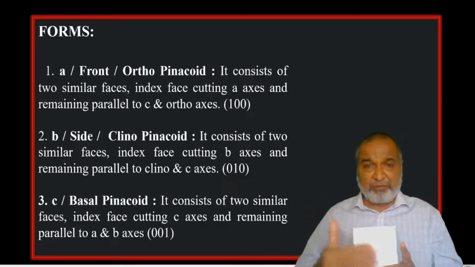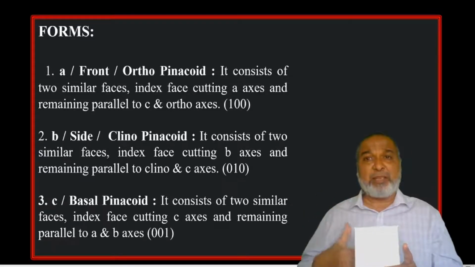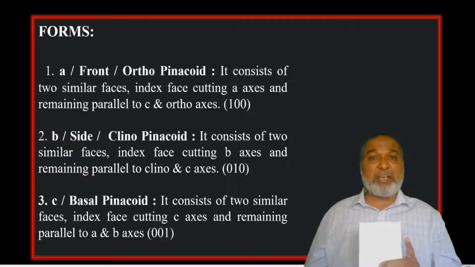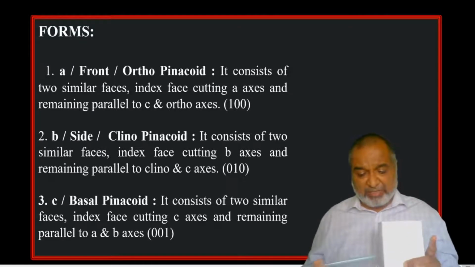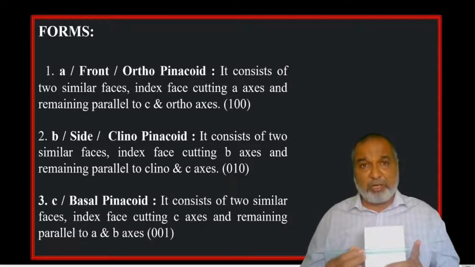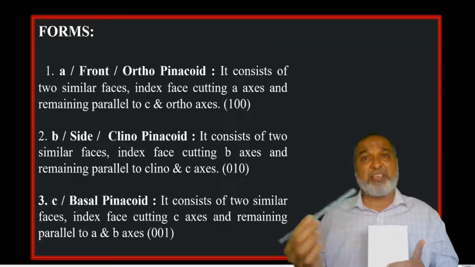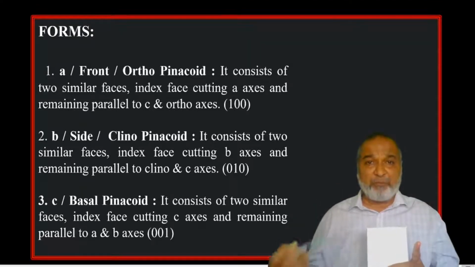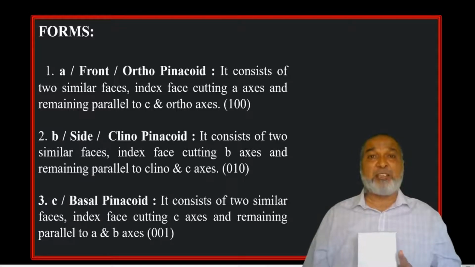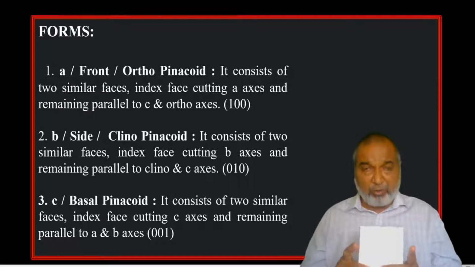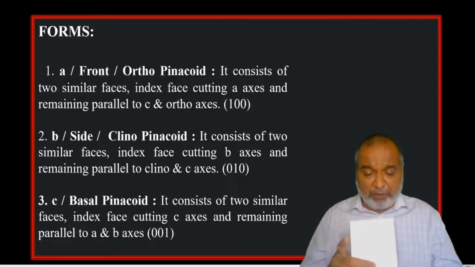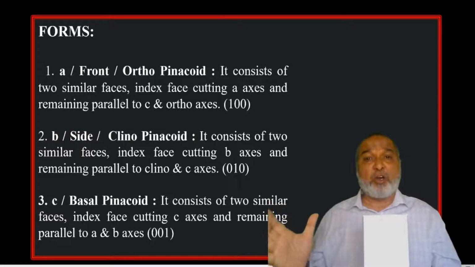Second, it is on the front of the observer, so we can make it a front pinacoid. And second, what is happening in this? The B axis remains parallel to this face. What is the B axis? It is the ortho axis. So this particular pinacoid is called the ortho pinacoid. A pinacoid, or front pinacoid, or ortho pinacoid.